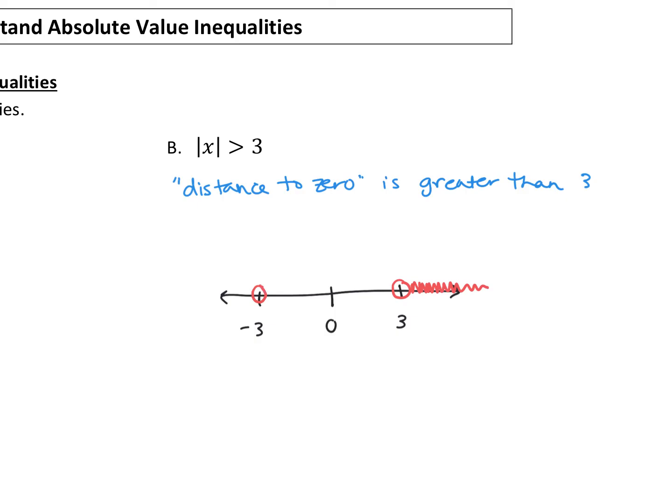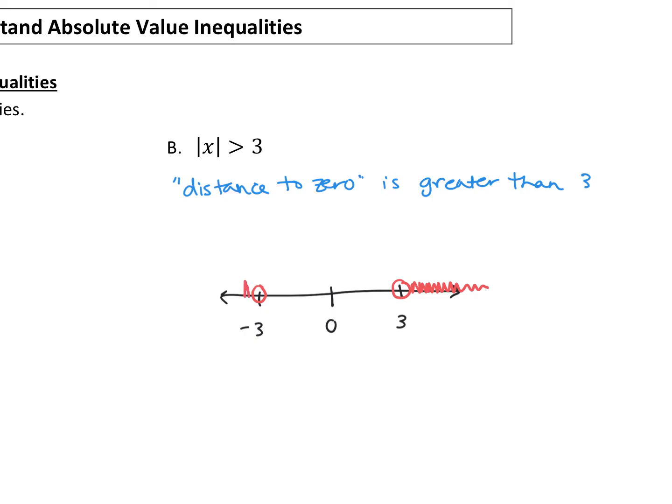By the way, these will always have the same open or closed circles with these absolute value inequalities. And then how do we get a distance greater than 3 over on this side? Well, from here to here is a distance of 3. So for a distance greater than 3, I've got to get to a distance of 3.1, a distance of 4, a distance of 5, a distance of 10.